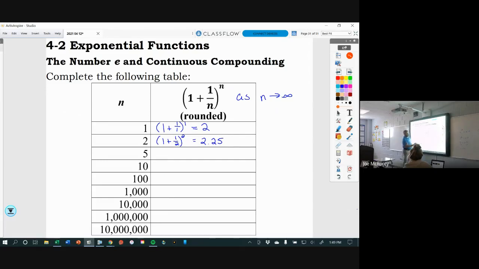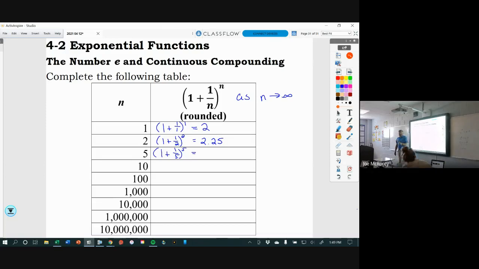We're now going to do 5: 1 plus 1 over 5, to the 5th power. This is 1.2, right? 1 plus 1/5. So we have 1.2 to the 5th power. Is it going to be bigger than 2.25?